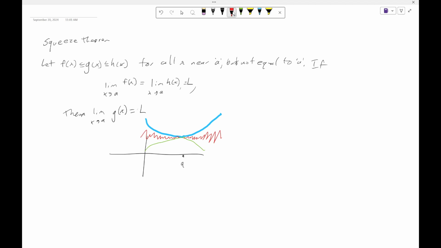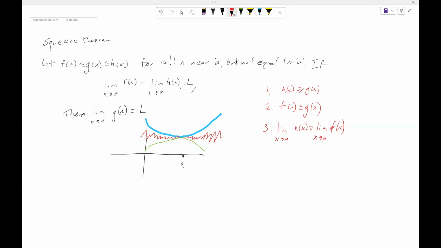So what are the three things we need to check? One, h of x is greater than or equal to g of x. Two, f of x is less than or equal to g of x. And three, the limit as x approaches a of h of x equals the limit as x approaches a of f of x.